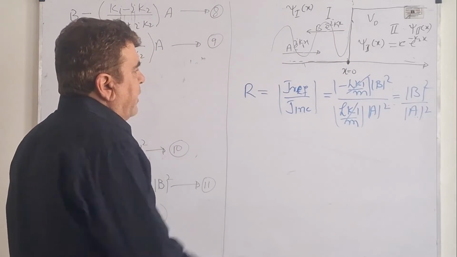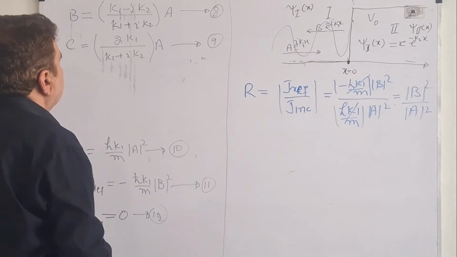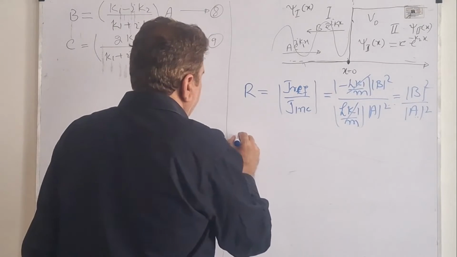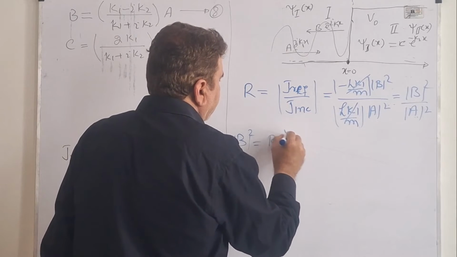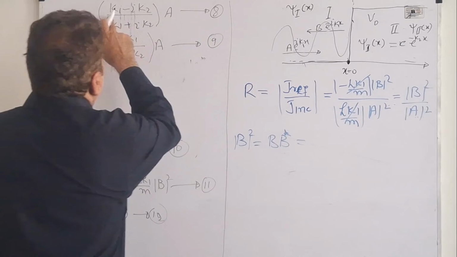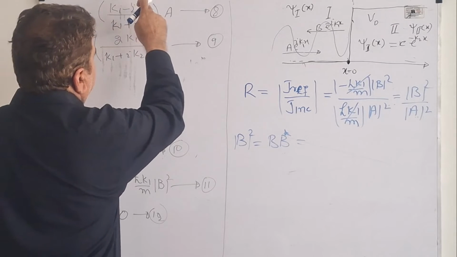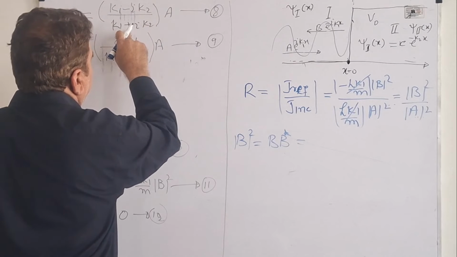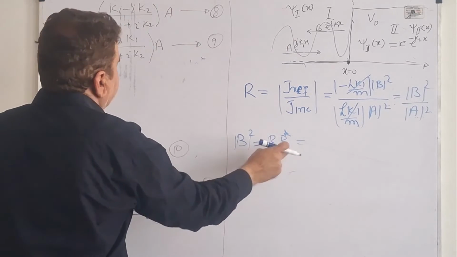And to further evaluate R, we need to find the mod B squared, and that I can find from here. And we know that mod B squared is in fact equal to B into B star, and that would give me this term multiplied with its complex conjugate, this term multiplied with its complex conjugate, and this term multiplied with its complex conjugate.